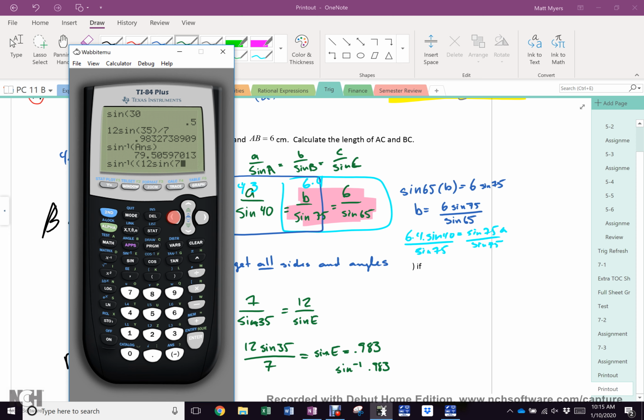It wasn't 75, sorry. 35. Close brackets. Divided by 7. Close brackets again. And I can get it all in one step. Is there any mathematical benefit from doing it all in one step? No, because we ended up with the same answer. It's only a time thing.